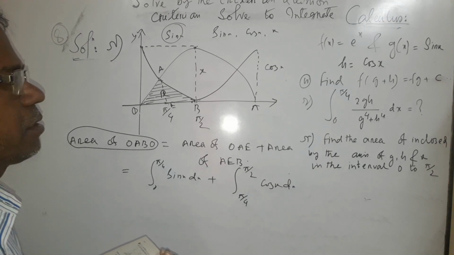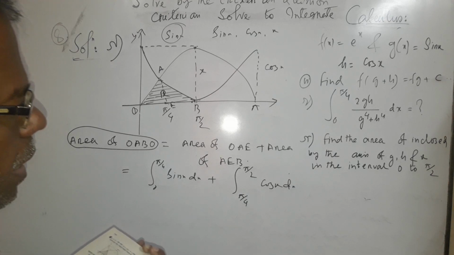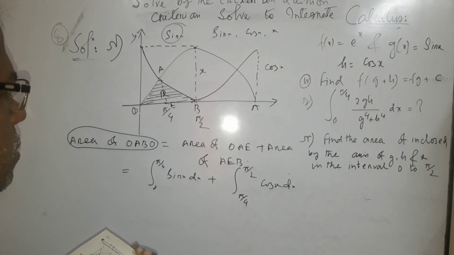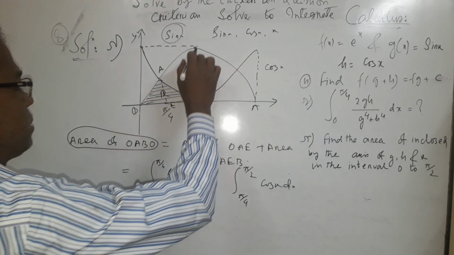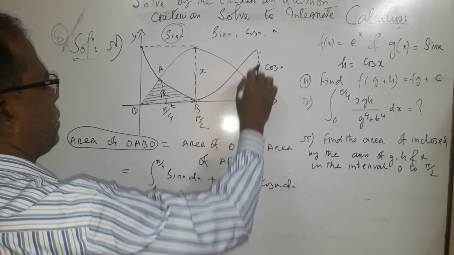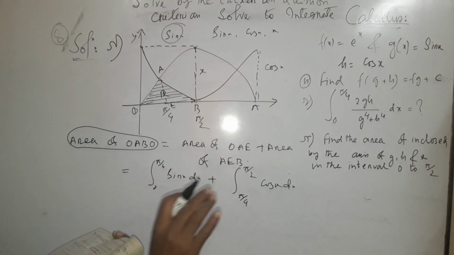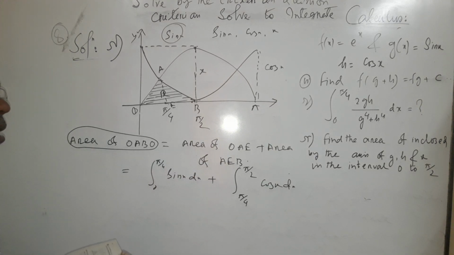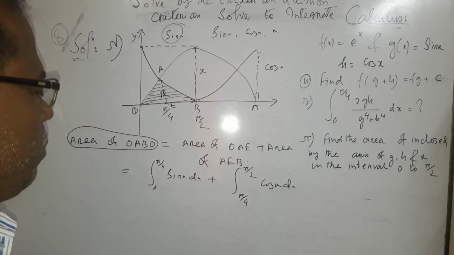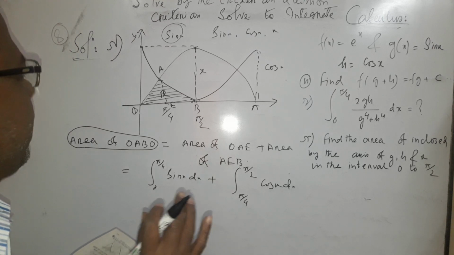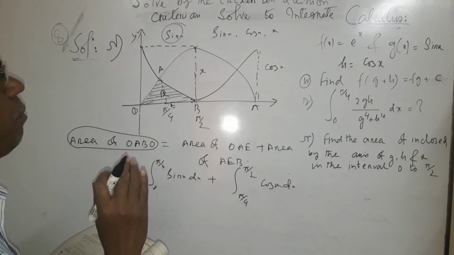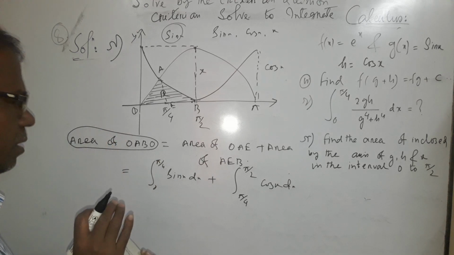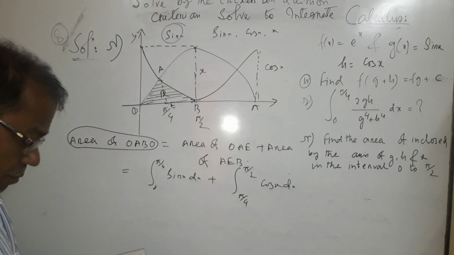The x-axis is out of the figure. The outer boundary is the x-axis, and the inner boundary is sin x, cos x, this is the area.